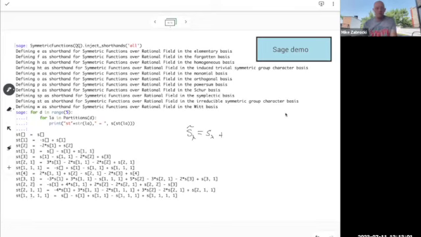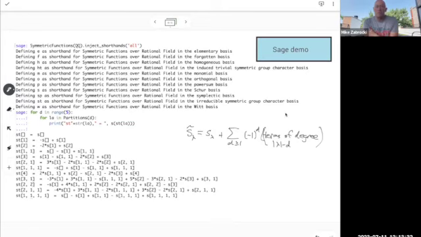And if you look carefully, you'll also see that there's a sign, and that sign is very predictable: a sum over D greater than or equal to 1 of minus 1 to the D times terms of degree size of lambda minus D. But it's hard to say much else about them.